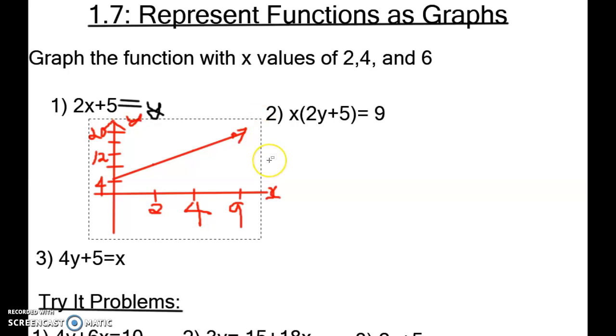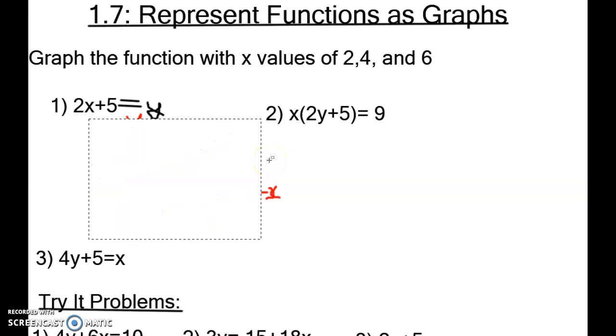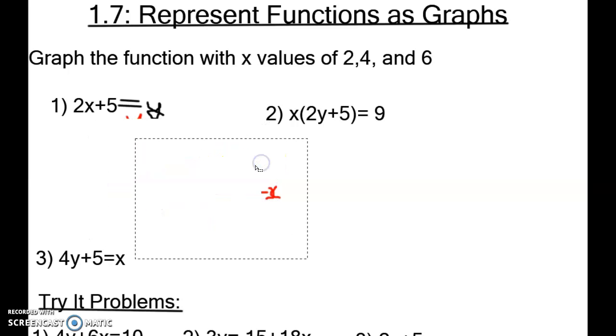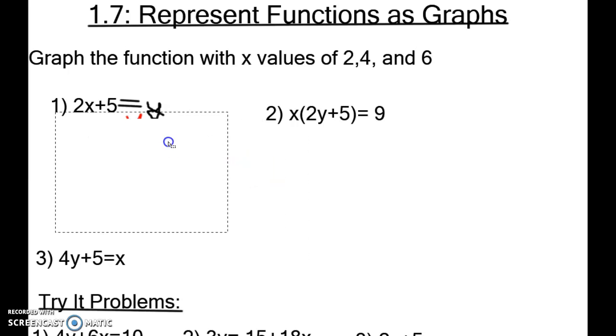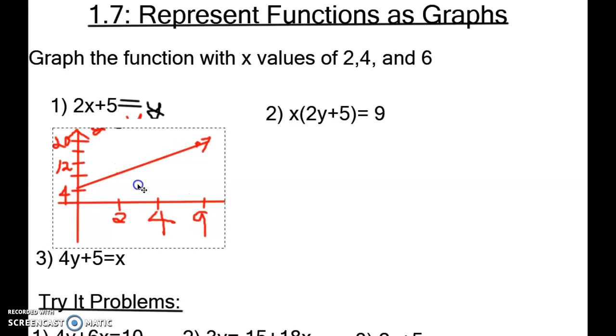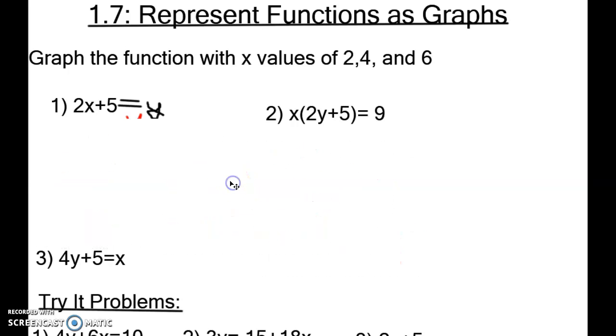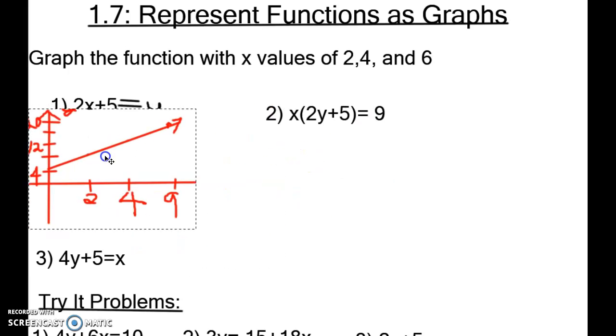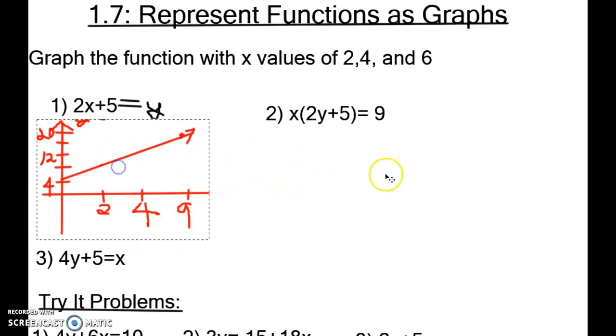Alright, let's copy and paste. Clear up some space, paste. Alright, moved it there.